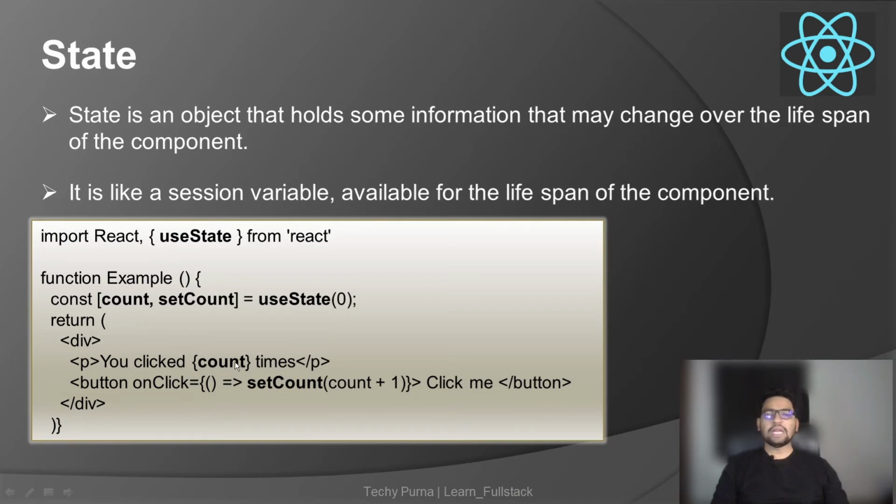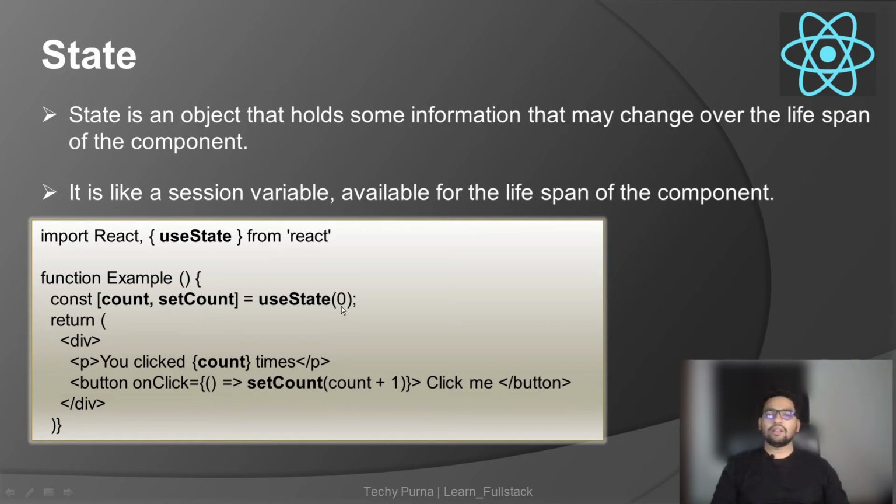So it will show the real-time count whenever the count increases. And we have a button here, onClick. When we click on the button, click me, that will increase the count plus 1.